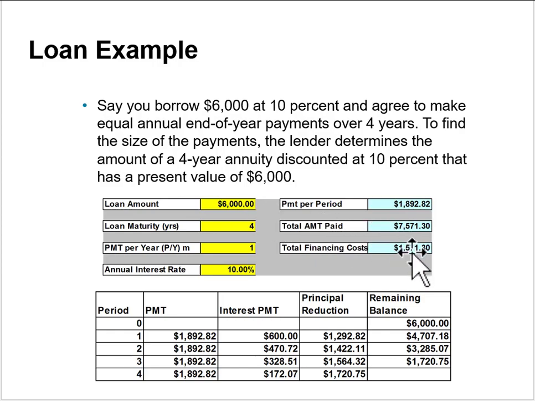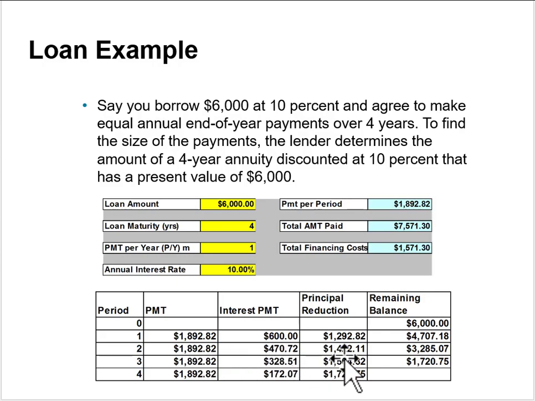7,571 minus 6,000, that gives you the total financing costs. The amortization schedule on this worksheet, if you scroll to the right, you'll see how it breaks down. The first payment you make, $1,892, $600 of that is interest, $1,292 is principal, which means now you only owe $4,700. 10% of $4,700 is roughly $470.